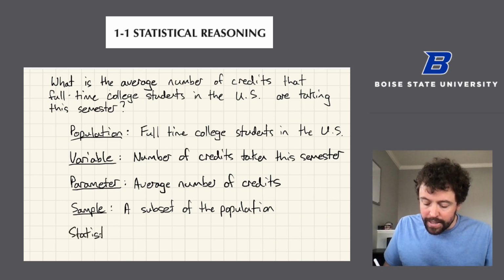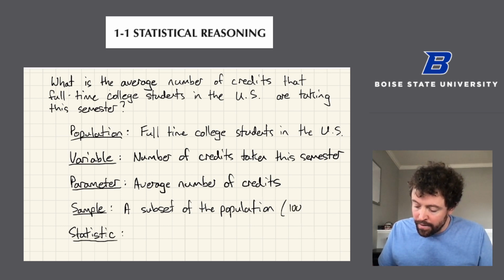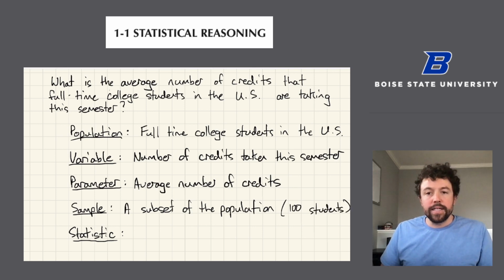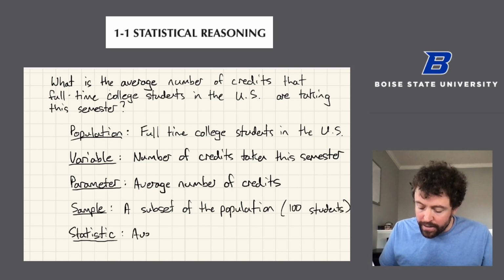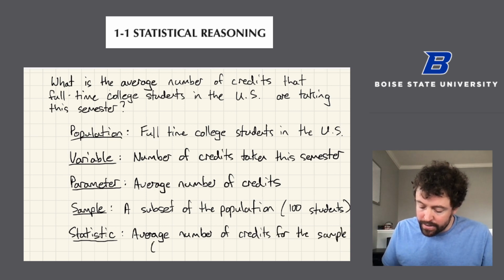That brings us to this idea of a statistic. And so I guess in this case, maybe let's say we decided this was going to be 100 students. And the statistic is going to be the average number of credits for the sample. So in this case, these 100 students.